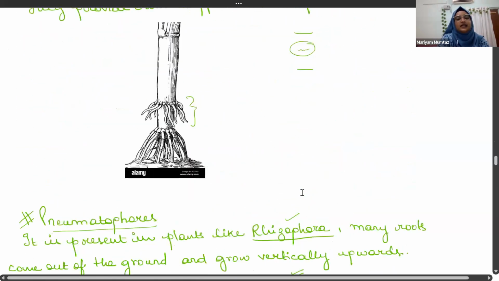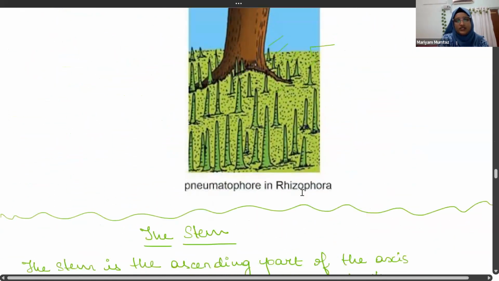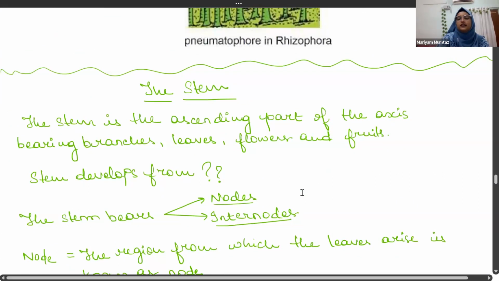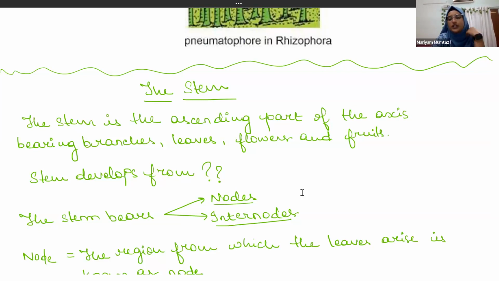So now we'll be starting with the stem, which is the next part. I told you that the structure of the plant above the surface of the soil constitutes the shoot system or the stem system, and below constitutes the root system. So now we'll be dealing with the stem.